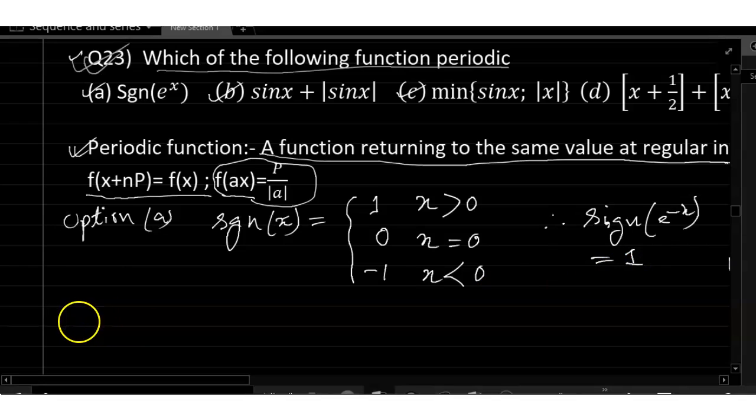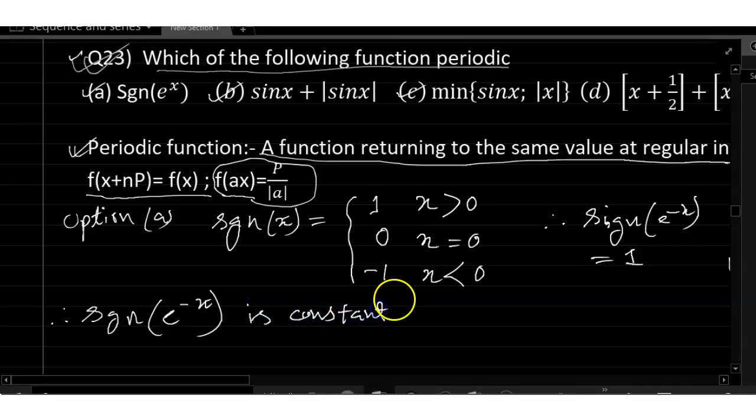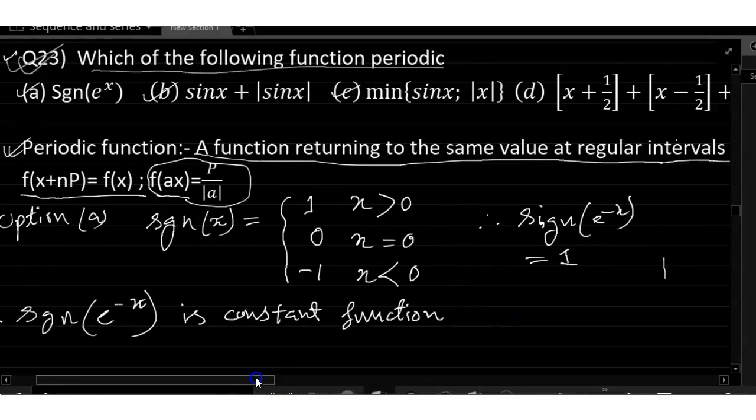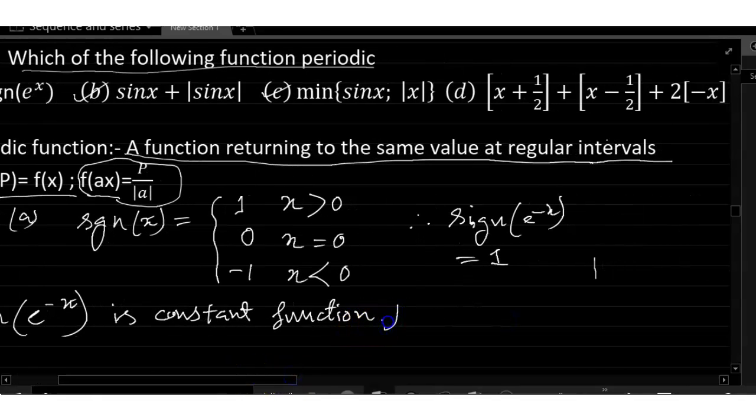So sgn of e to the power x is a constant function. Hence it is periodic.